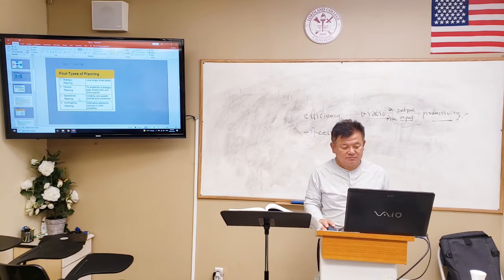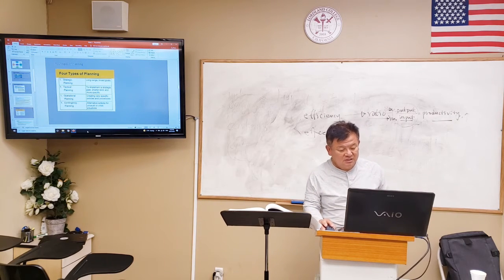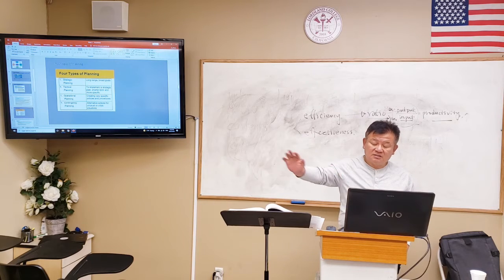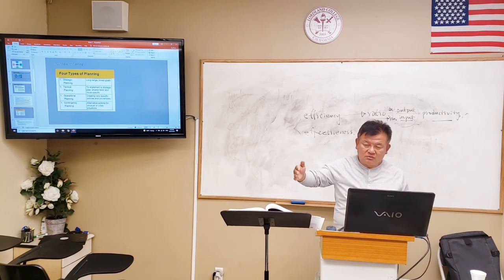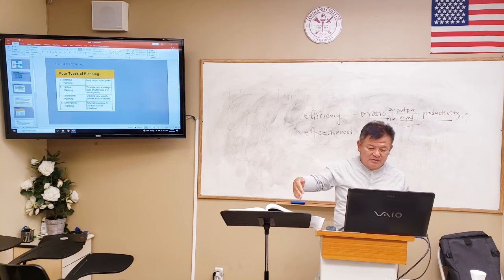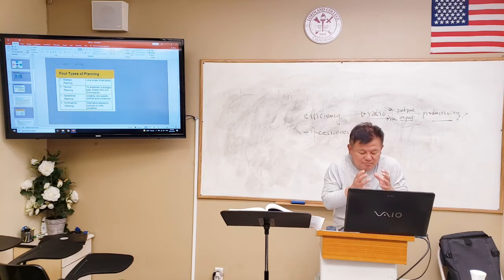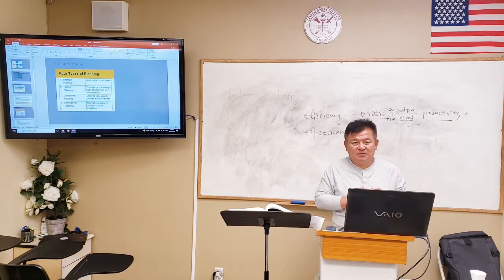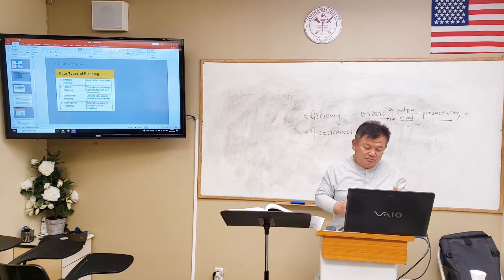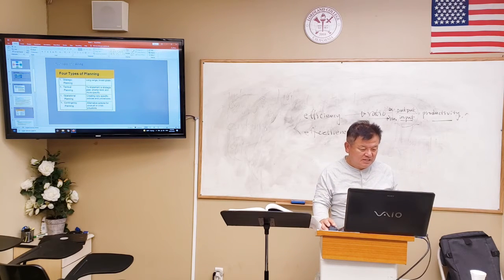Contingency planning is alternative actions for unusual or crisis situations. In the process of carrying out the plan, if there is a crisis or unusual situation, we have to make some emergency plan. This is contingency planning. Okay.